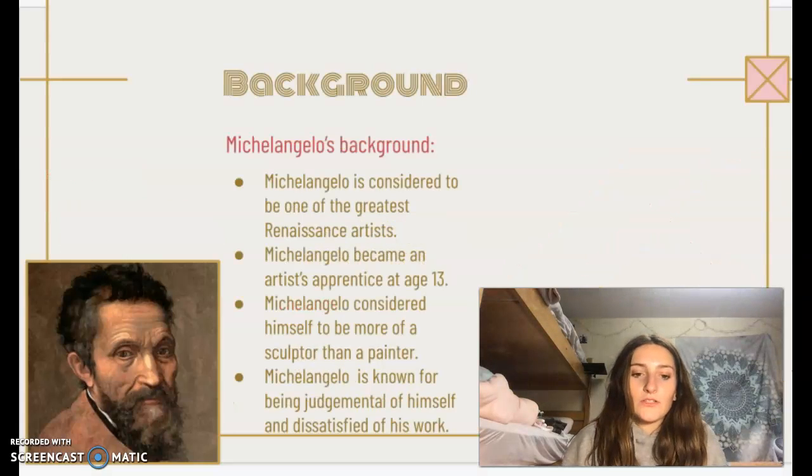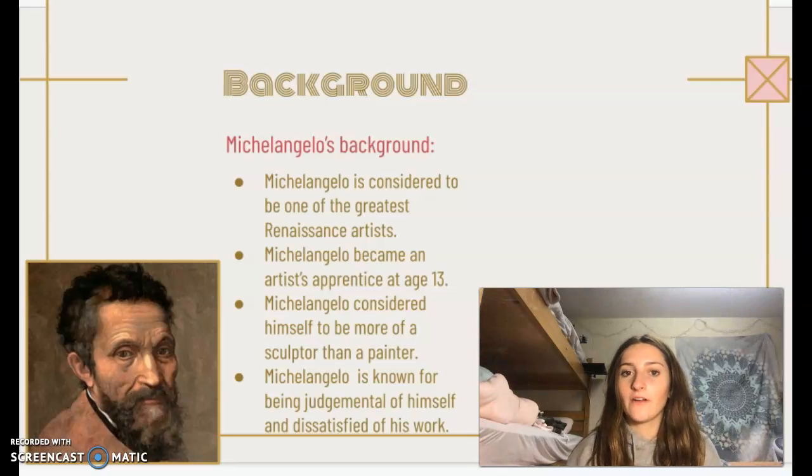So, to start, we are going to look at some background. So Michelangelo's background, and Michelangelo is this lovely man in the picture in the corner. Michelangelo was considered to be one of the greatest Italian Renaissance artists, and he actually became an artist apprentice at age 13.